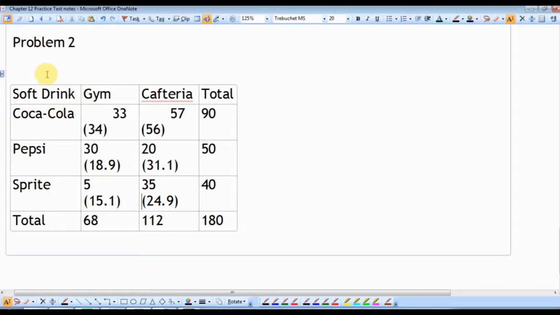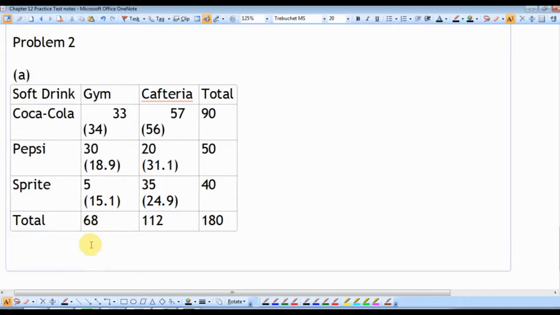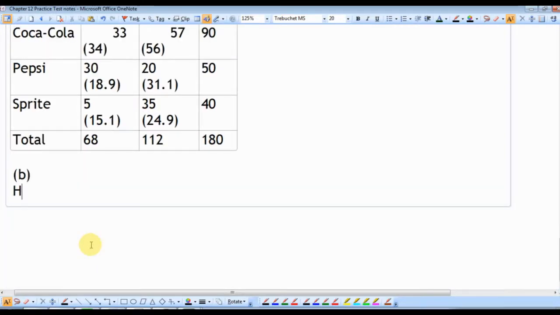Part B. Alternative and null hypothesis. I favor this version of the null hypothesis.